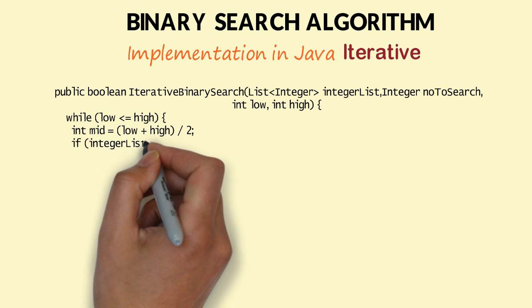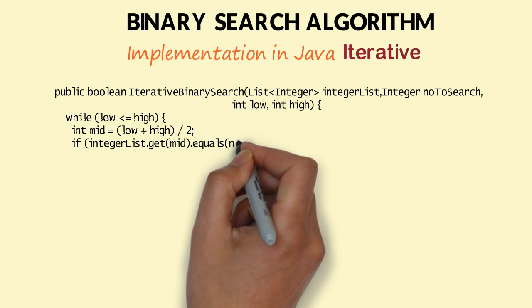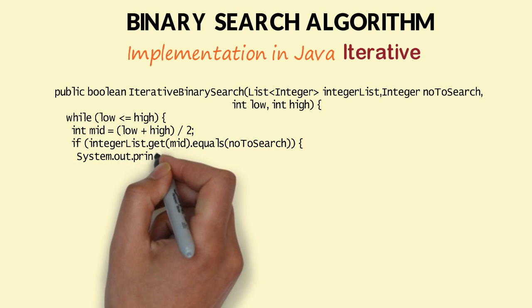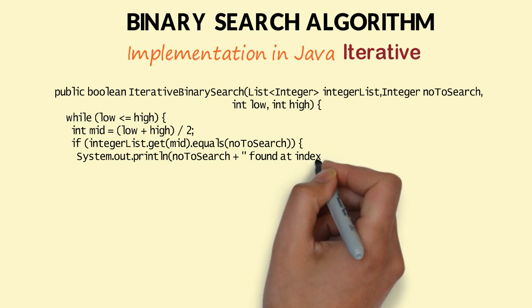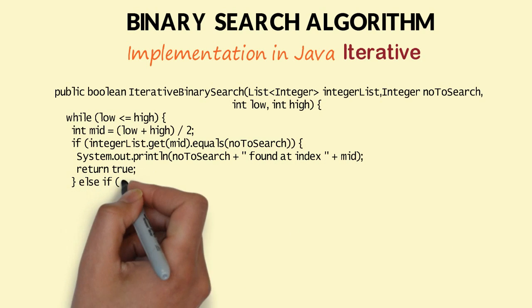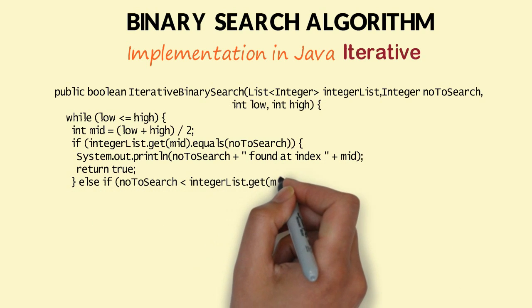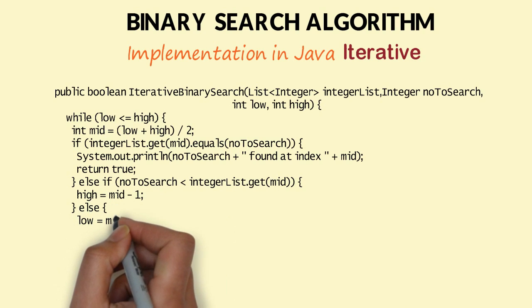So we first find out the midpoint and then we see whether the element at the midpoint is equal to the number to be searched. If yes, then we print that the number has been found and the index.